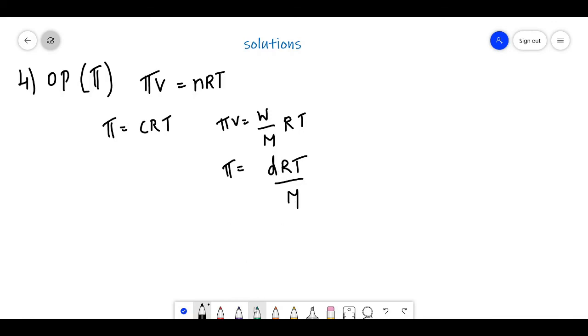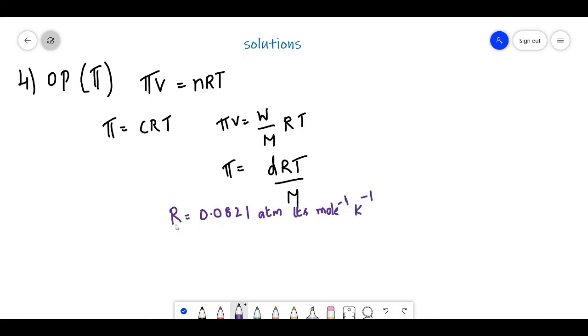And here also the R value is taken as 0.0821, and this R value is same like in the ideal gas equation, and the units of this R value are atmosphere liter mole inverse Kelvin inverse.